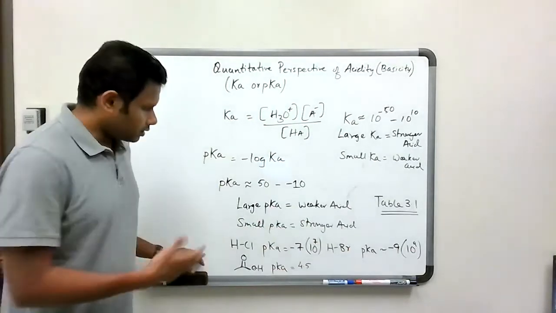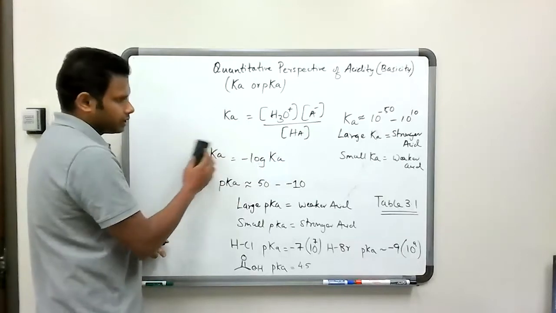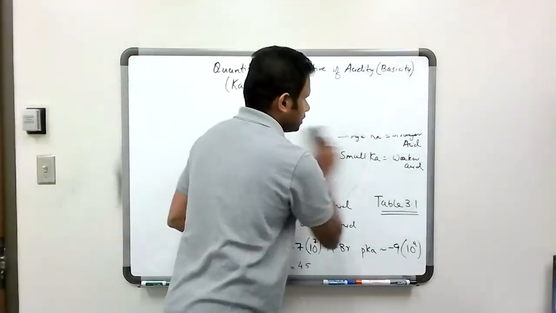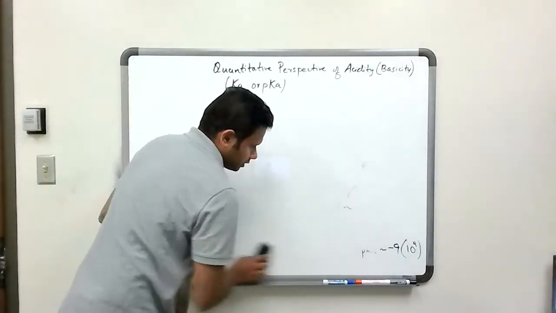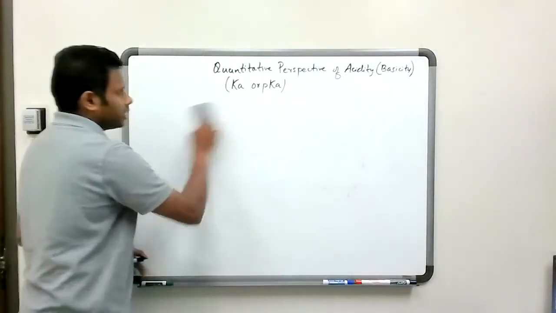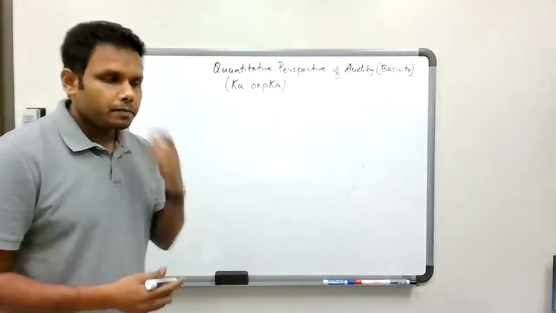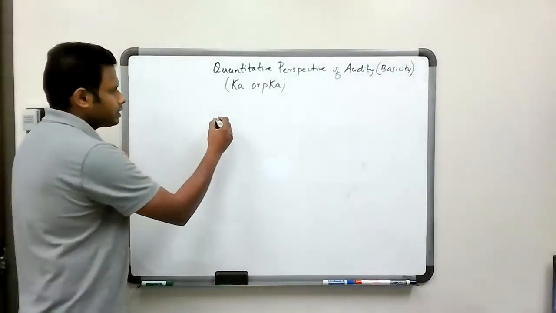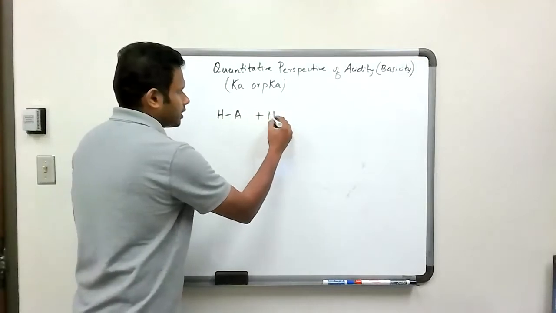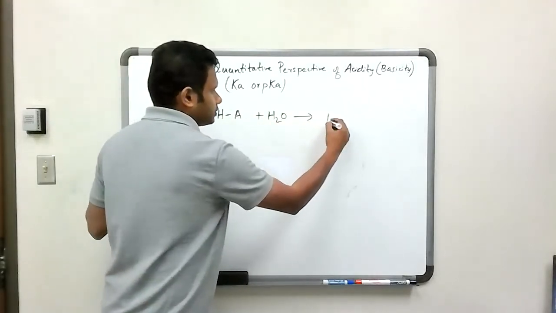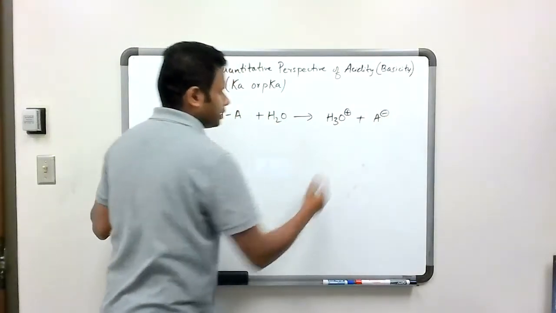Okay, so that is the discussion on pKa's and Ka's. Now, once we understand pKa or Ka, we can apply this to acid-base equations and predict the direction in which they are favored. And we can also apply this to understand basicity. Any acid, when it reacts with a base, is going to give you a conjugate acid and a conjugate base.